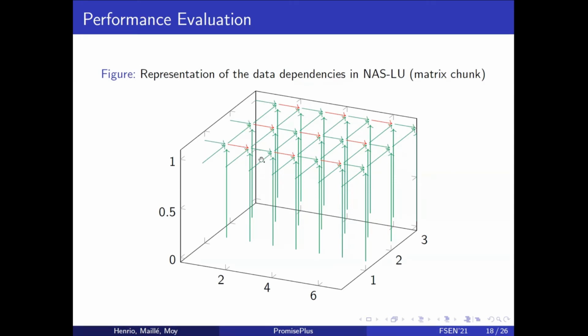A thread here, a thread here, a thread here, and a thread here. Green arrows are dependencies that are internal to a thread. It is values that have been computed by this thread. Red arrows are dependencies between threads. So thread B right here in this chunk would have to wait for thread A to have produced this value until it can start working on this value.